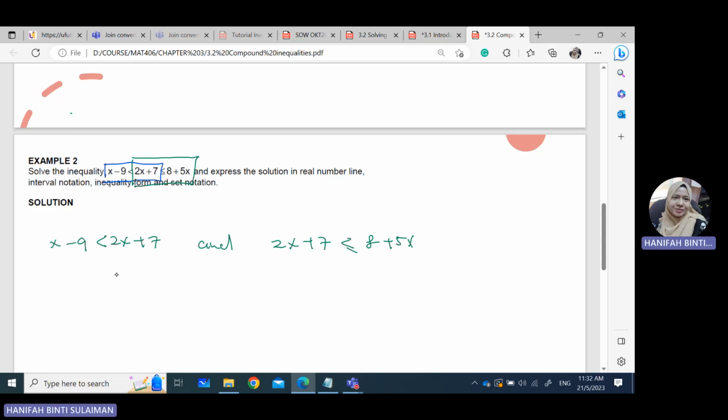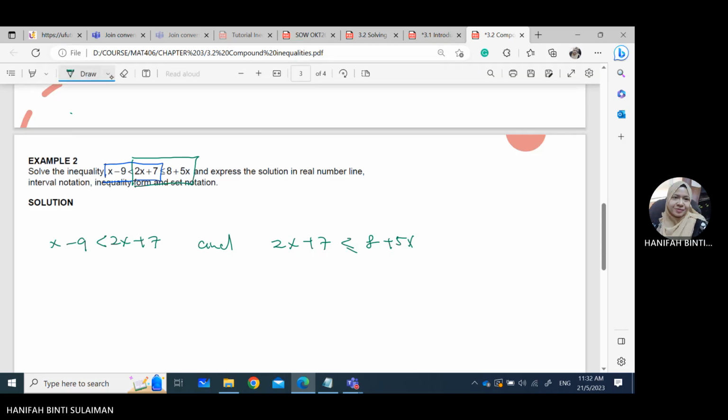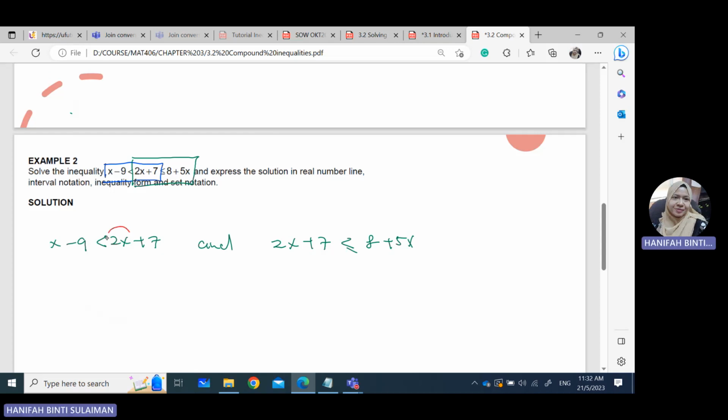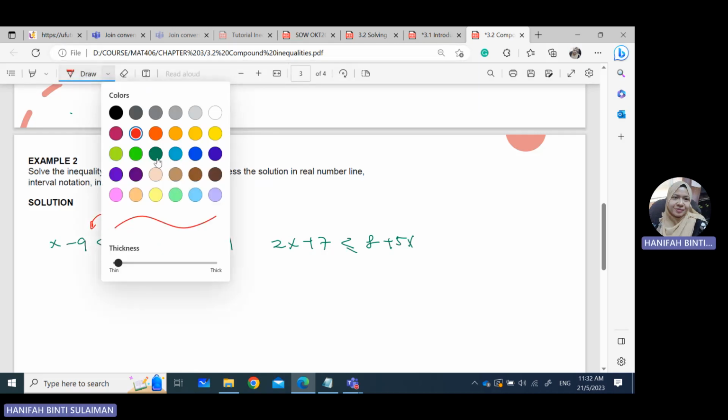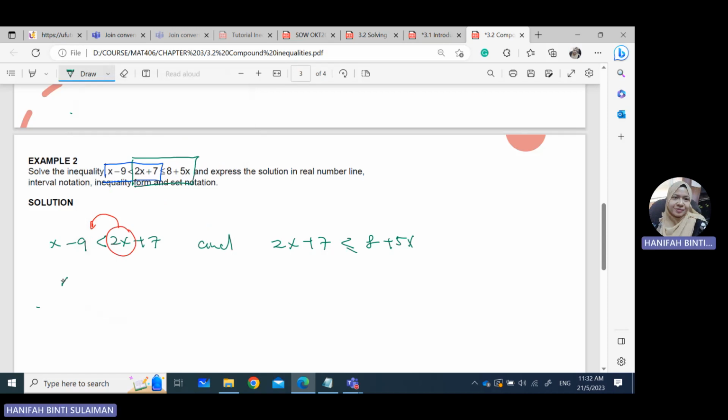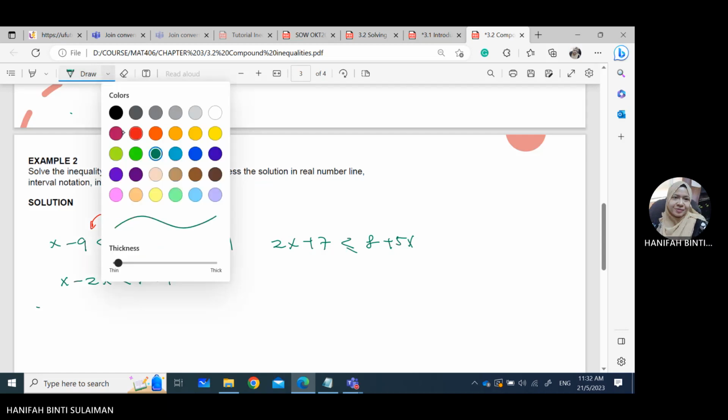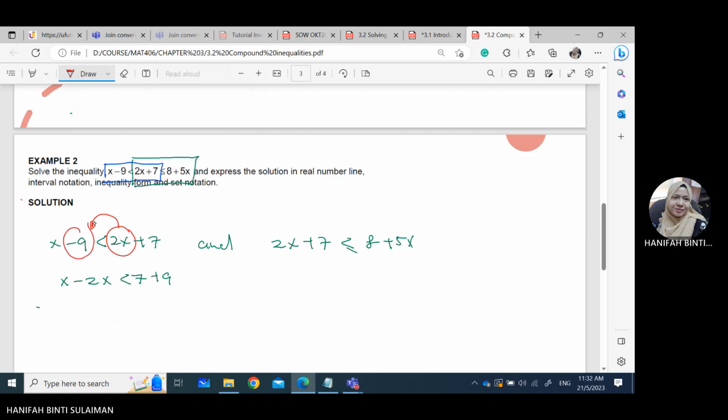Okay, so selesaikan. 2x, move to the other side, dia akan jadi negative. So we have x minus 2x less than 7 plus 9. Okay, kita gerakkan ke sebelah sana.